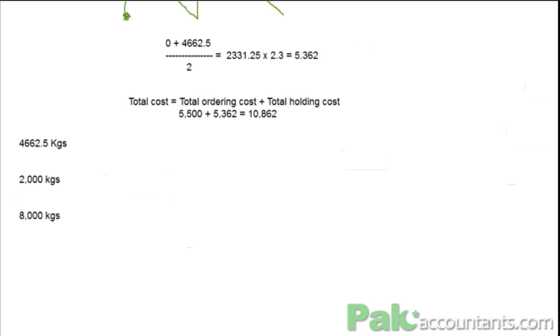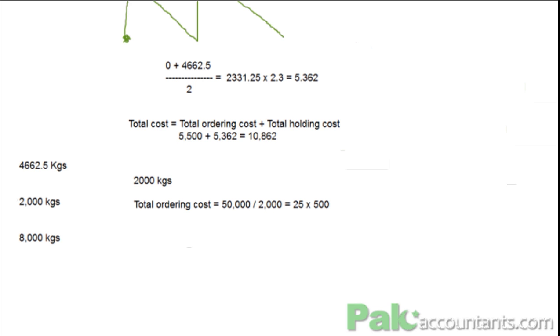And each order costs 500. So 25 multiplied by 500 gives you 12,500.